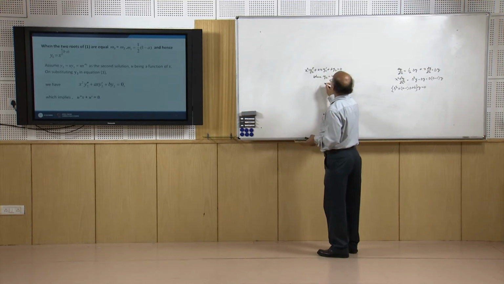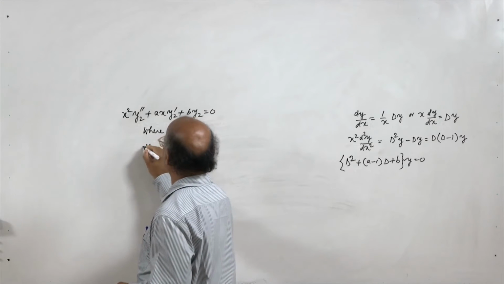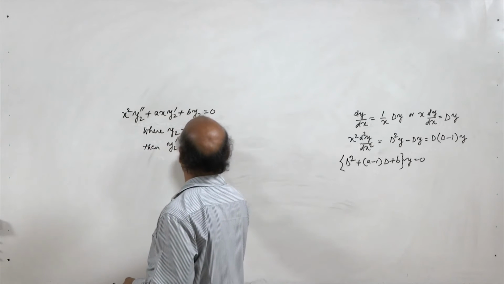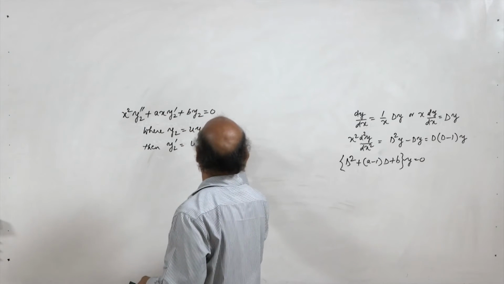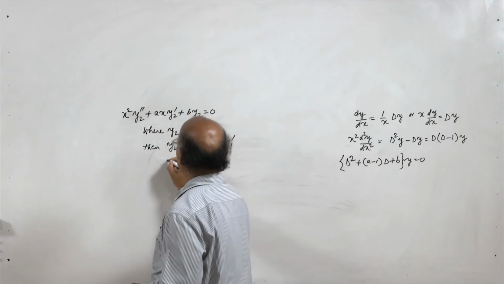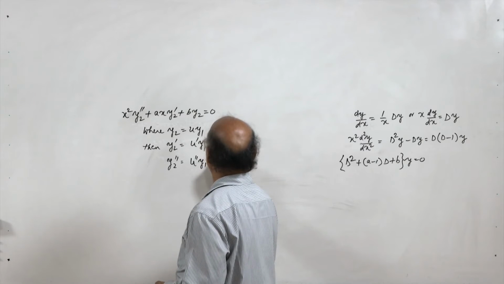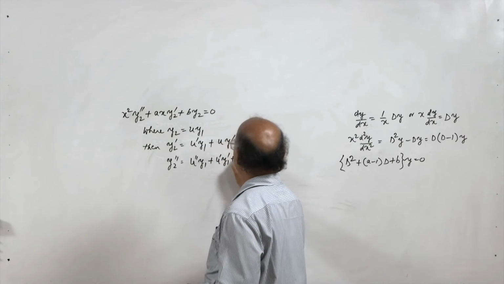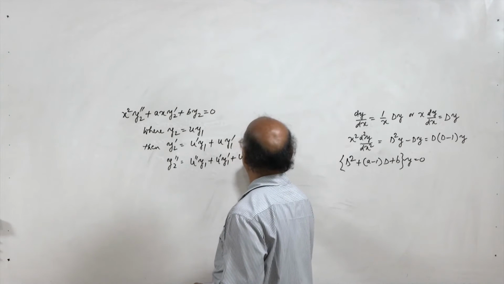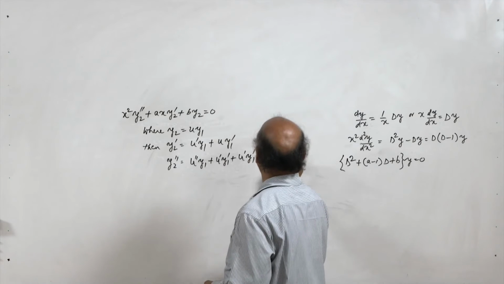So, let us find its first and second derivatives. Then y2 dash equal to u dash y1 plus u y1 dash, and y2 double dash will be equal to u double dash y1 plus u dash y1 dash plus u dash y1 dash plus u y1 double dash.